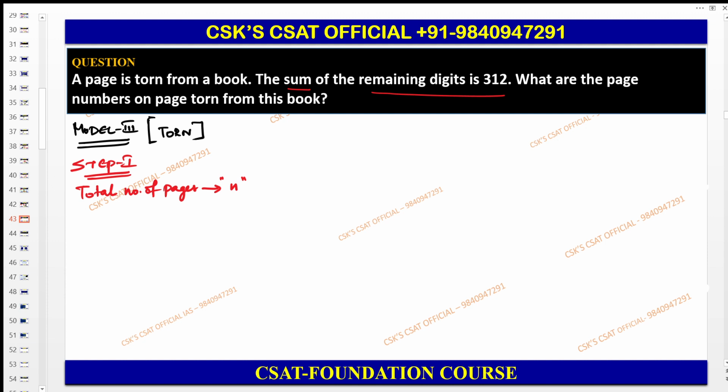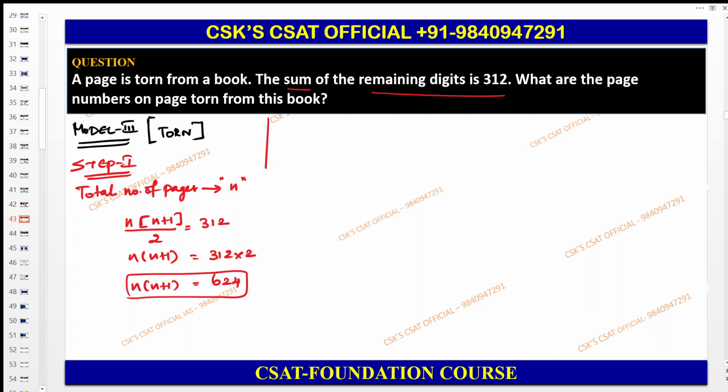Now, n into n plus 1 by 2, which has been provided as 312. So n into n plus 1 is equal to 312 into 2 multiplied, which is 624. So this is n into n plus 1.